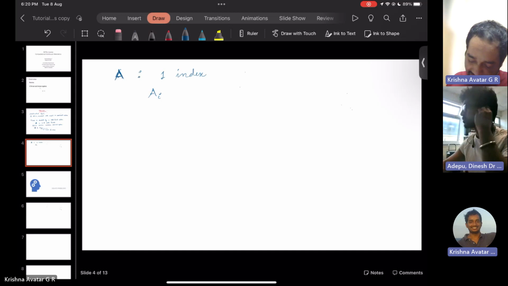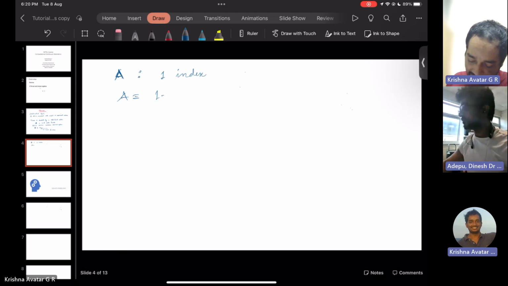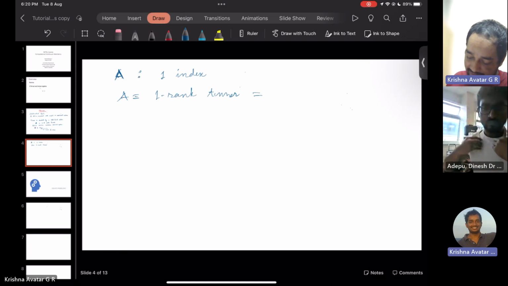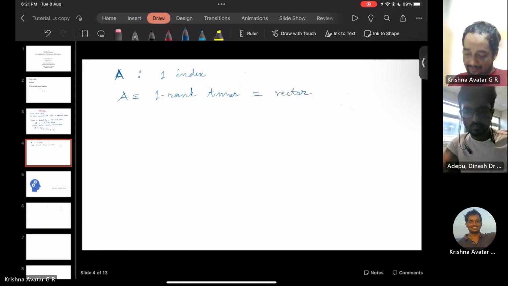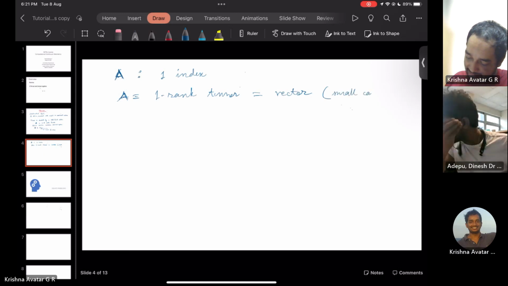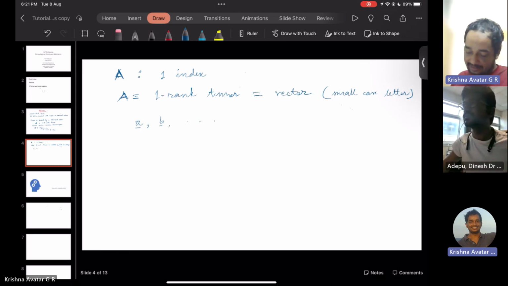If it's a one-index tensor, it is also known as a first rank tensor, and this is what we call a vector. Usually vectors are represented in lowercase letters, and we'll be referring to any vector as, say, b, c, something like this.